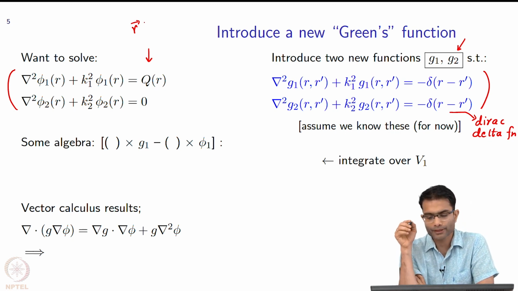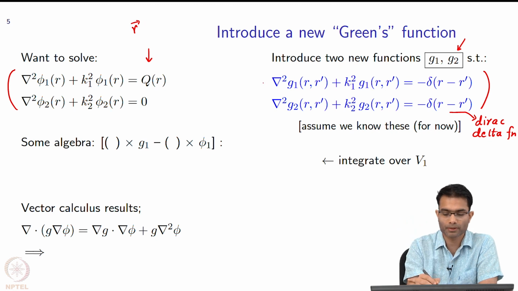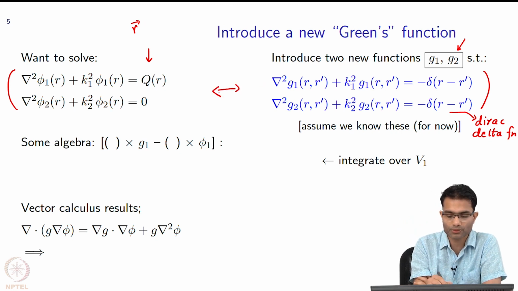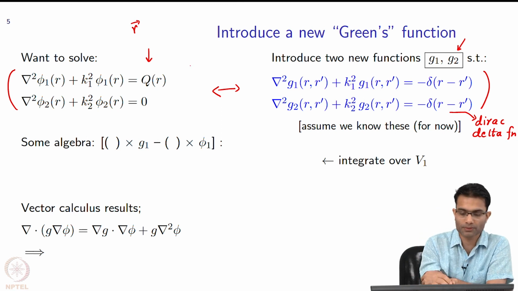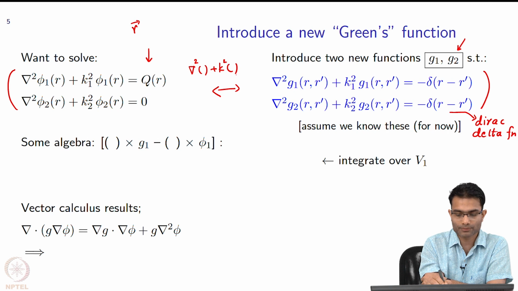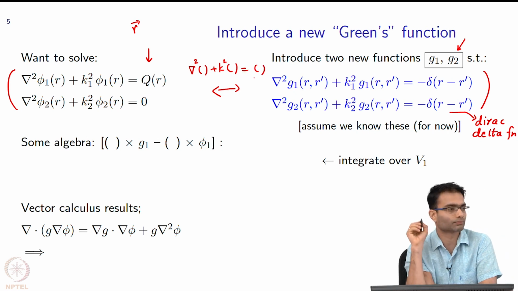Before we get into anything, what are the similarities between these two equations? Looks the same, right. Both of these equations look like this: del squared something plus k squared something is equal to something.